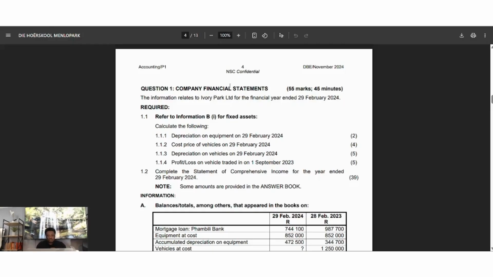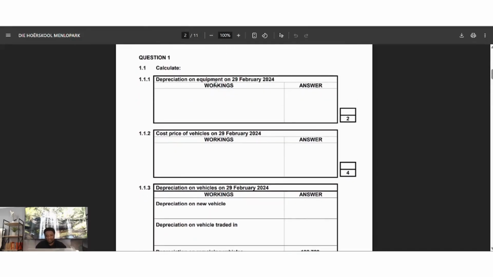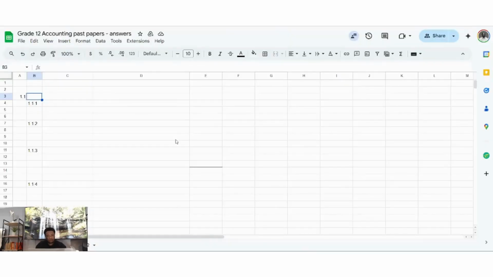It says here that some amounts are provided for in the answer book, and that is why I have the answer book here, but I will be doing the answers on the sheet over here. I've already numbered it, and then we'll see how we do this because I want to show the workings. Alright, cool. Let's get to it.